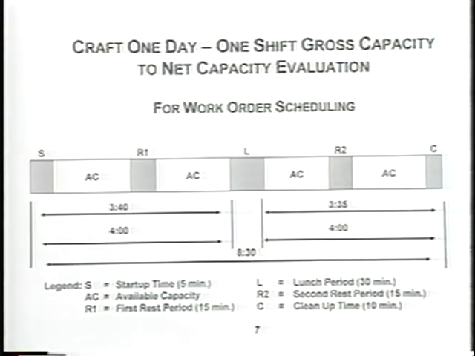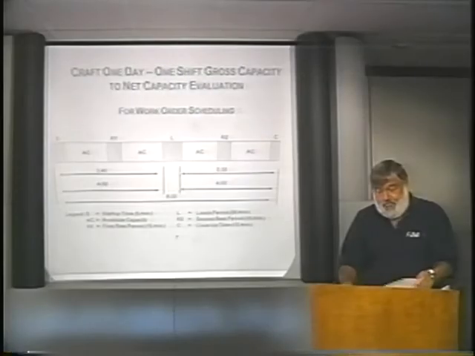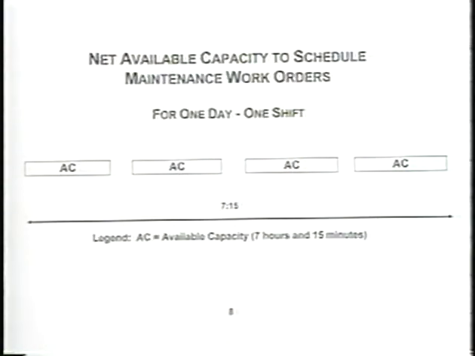And if you would now turn to page number 8, we now are showing you merely the available capacity for one craft person, and in this case that individual would have a net available capacity of 7 hours and 15 minutes.